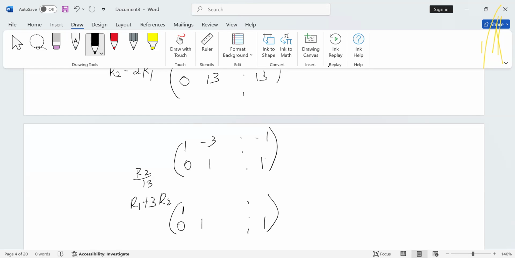R2 is 1. So you have minus 3 plus 3, which gives you 0. R1 is minus 1 plus 3 times R2, which is 3, minus 1 plus 3 gives you 2. So your x is just 2 and your y is 1.